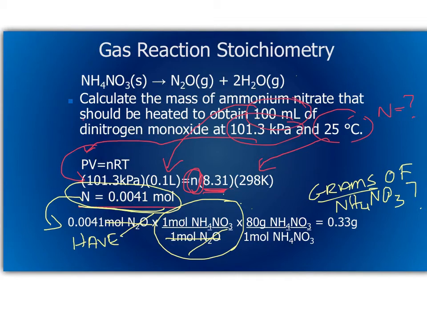So I find the molar mass of ammonium nitrate, which is 80 grams, and then I can calculate that and put that as the ratio here, and then the moles go away, and I'm left with 0.33 grams.